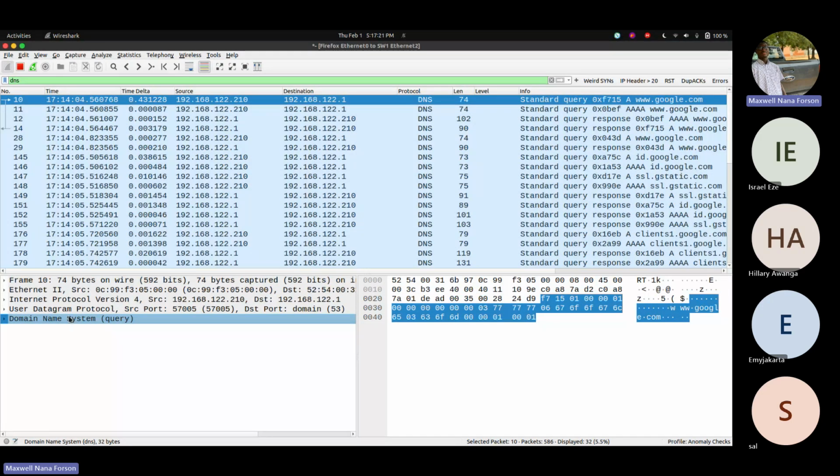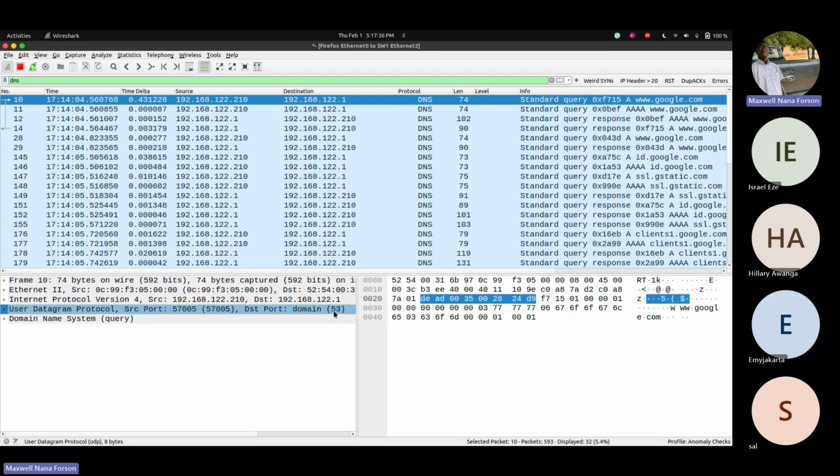It's called the User Datagram Protocol, which I'm sure you've probably seen at this point. And then there's also TCP, which we will see shortly, right? So it uses a port number of 53. This port number is a well-known port number for the DNS service. Okay, so when you see a port of 53, that's for DNS.